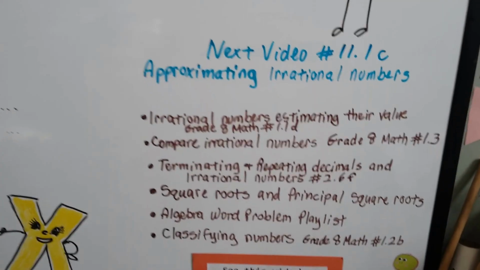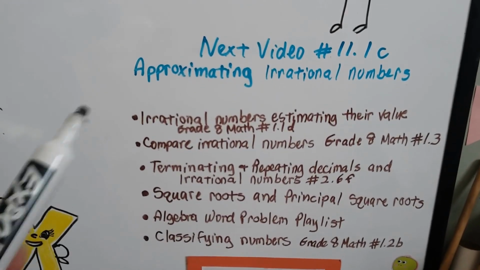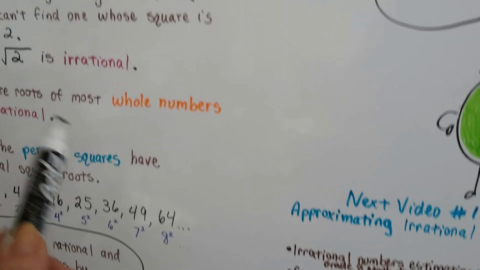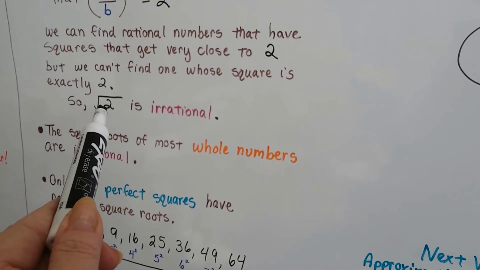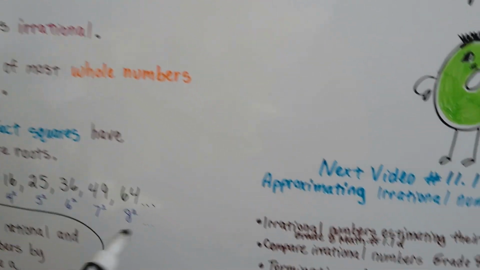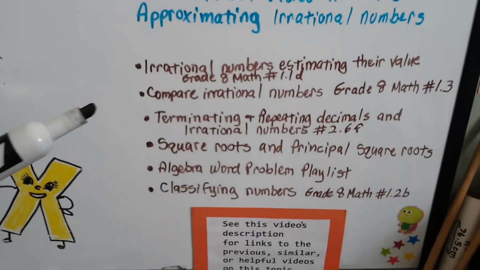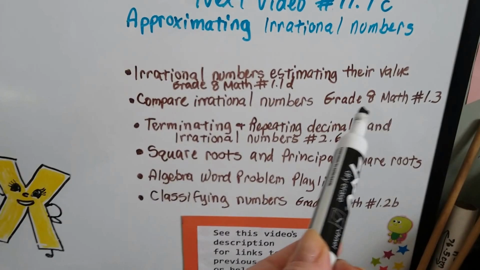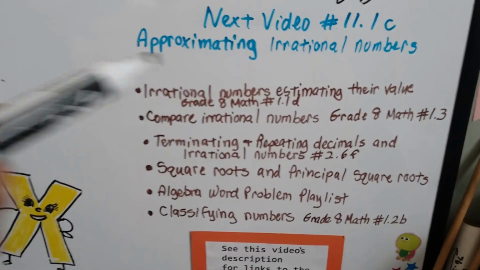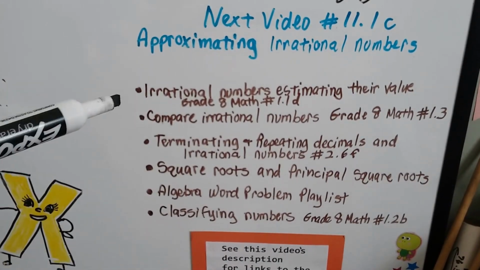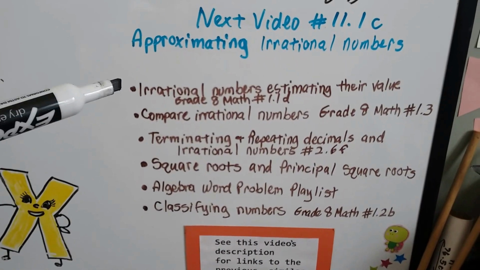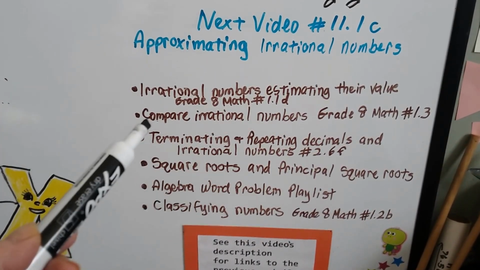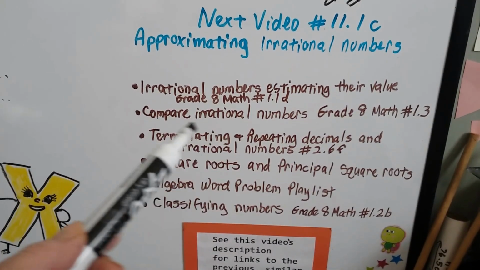In our next video, 11.1c, we're going to talk about approximating irrational numbers, like trying to approximate what the square root of 2 is or the square root of 7. And this is really important. The entire first chapter of my grade 8 math playlist talks all about this. I'm going to have links to the irrational numbers, estimating their value, that was video 1.1d, and comparing irrational numbers.